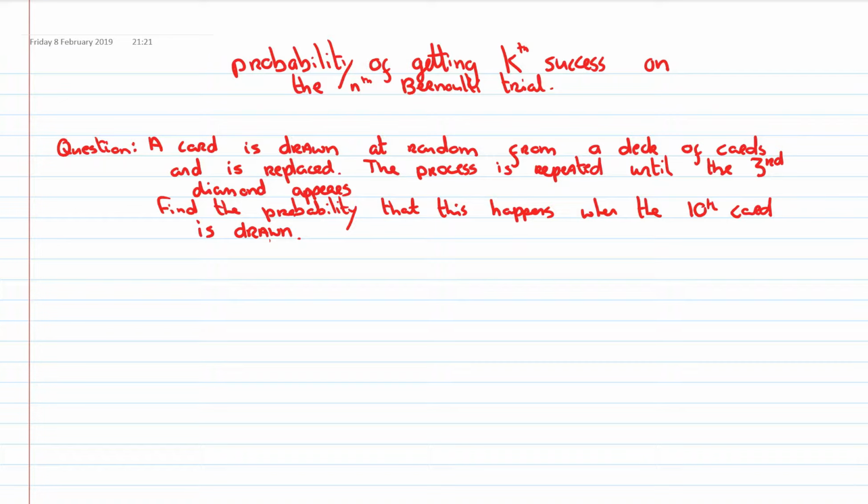Okay, so in all these questions where they're looking for the probability of getting, say, the third diamond on the 10th card, or maybe what's the probability of scoring your 4th penalty on your 10th attempt, or on your 20th attempt, whatever, you need to take this in two stages.